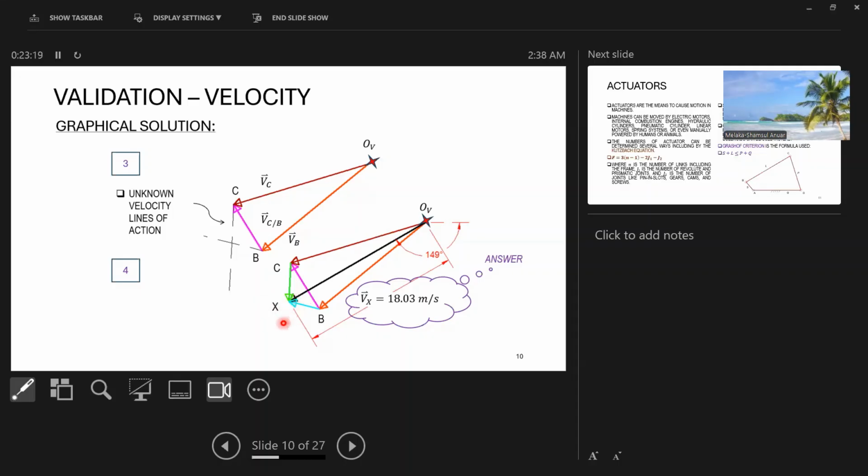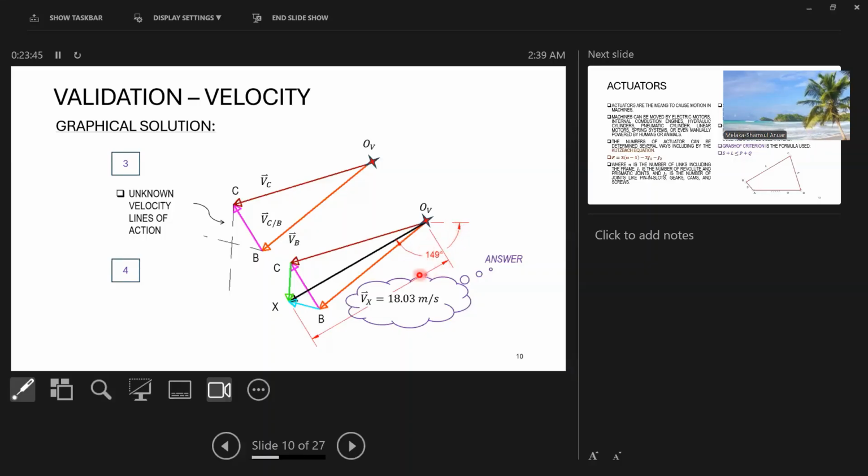So in actuality, if you want to find the absolute velocity of x with respect to the origin, we have to take this black line, and we will measure that. That is 18.03 meter per second, and in direction, we go in the clockwise direction.